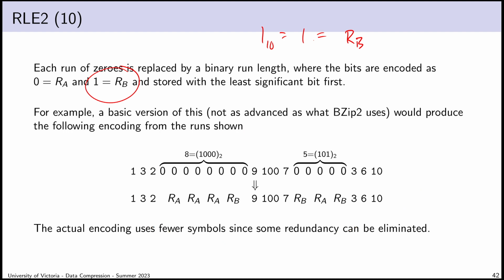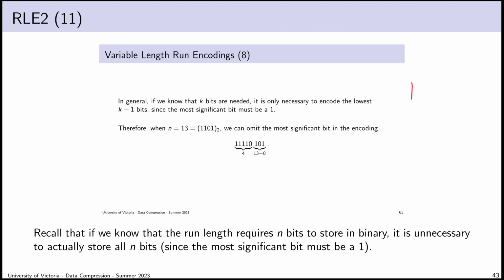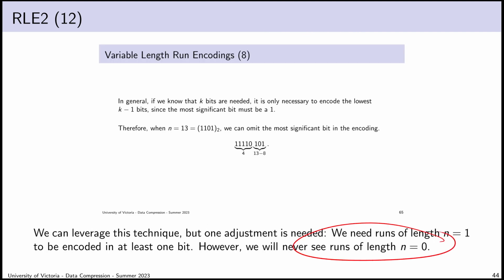If I chop off the most significant bit, then I've got 0 bits. I can't encode a run with 0 bits, because then nobody would know there was a run at all. So I have to work around that case. On the other hand, I'll never see runs of length 0, because if I have 0 zeros in a row, I just write out nothing. So I don't have to worry about runs of length 0, but I do have to have runs of length 1 be representable in at least 1 bit.